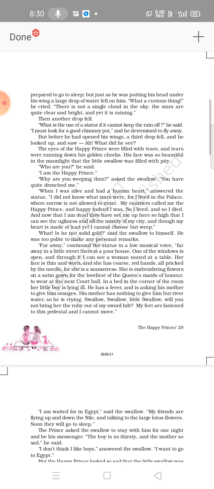At that moment, there appeared a crack inside the statue. The heart of the happy prince broke into two. The dead swallow lay at its feet. The next morning, the mayor and the town councillors came that way.